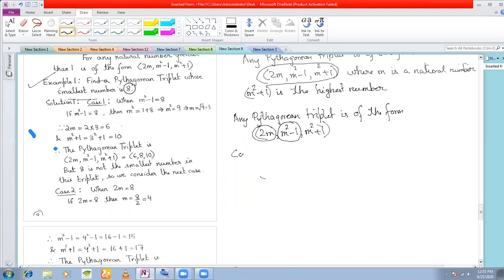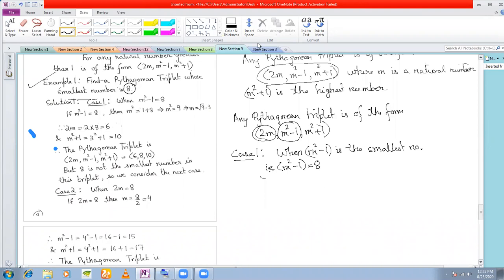Okay, case 1, when m square minus 1 is the smallest number, that is m square minus 1 is equal to 8.